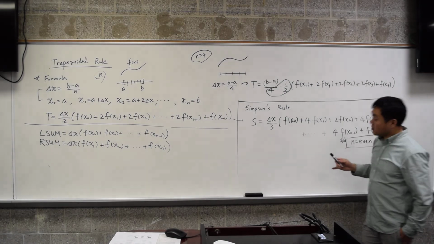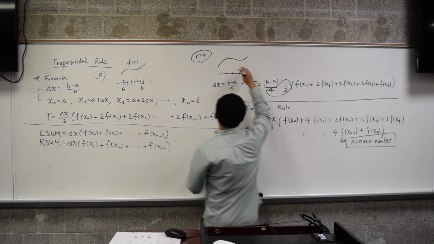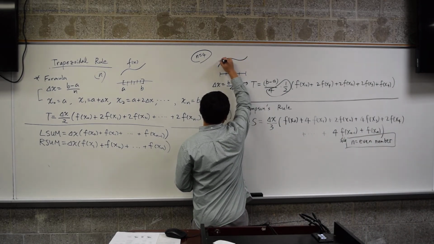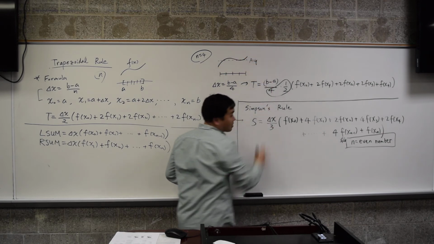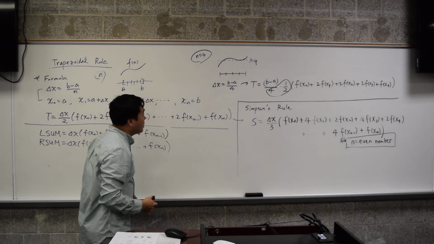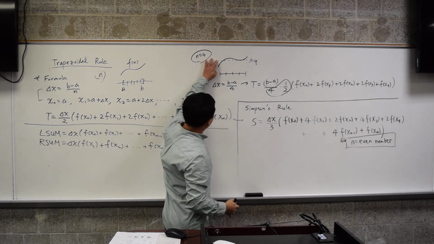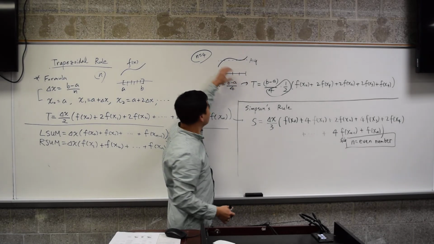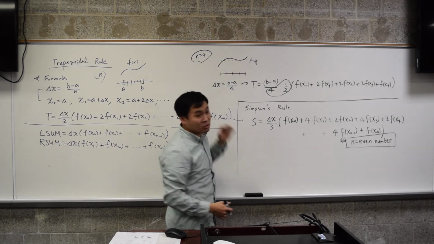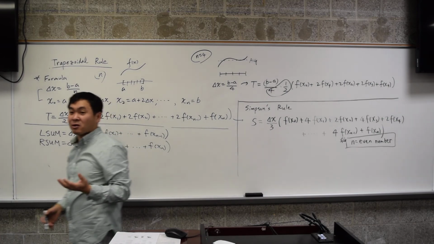And then what happens is that if you have a function, you can think about some kind of an average, right? That's like the average value of the function. And if you take the average value and multiply by the base length, you're going to get the area of this rectangle, which is pretty close to the area under the curve, right?